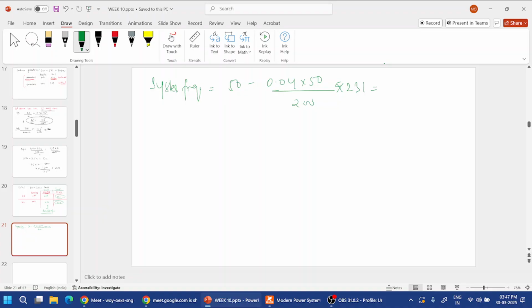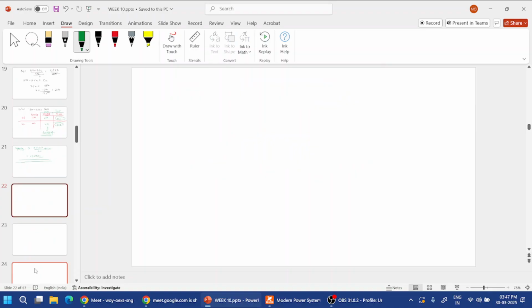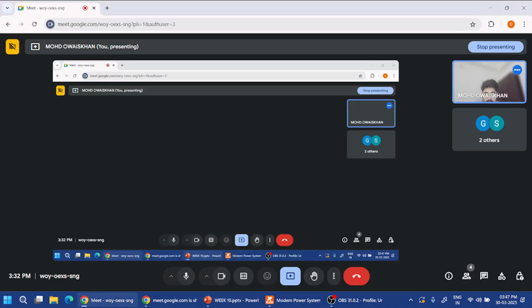If we subtract 2.31, it comes out to be 47.69 hertz. This is the system frequency. So now let's move on towards another question.